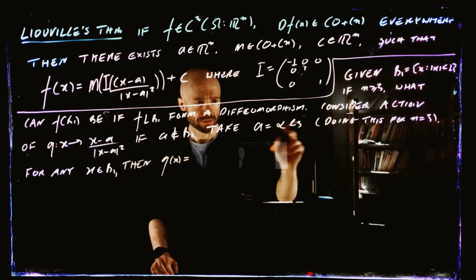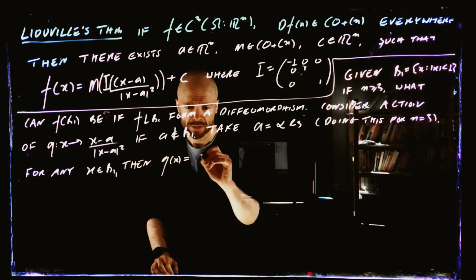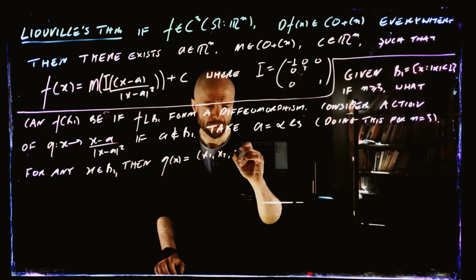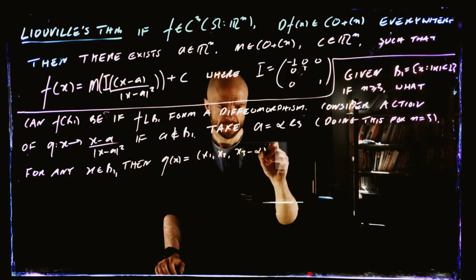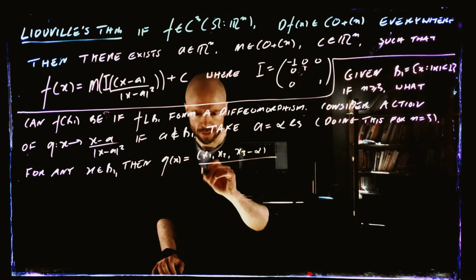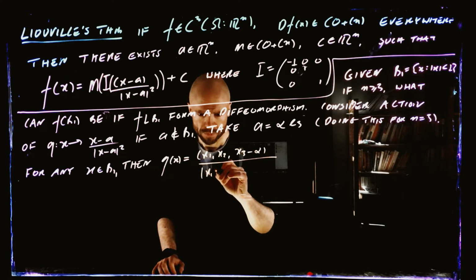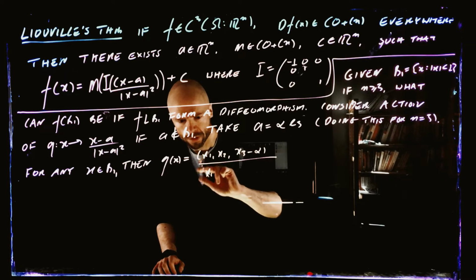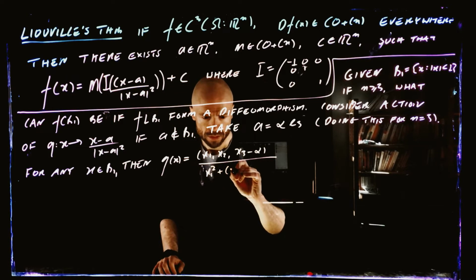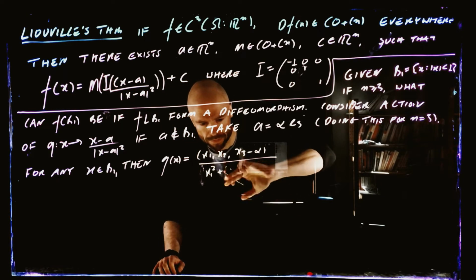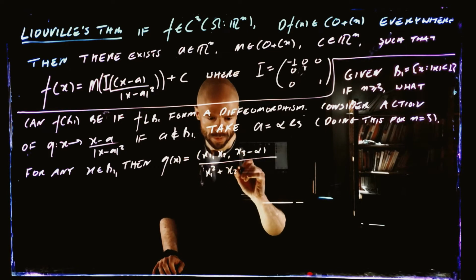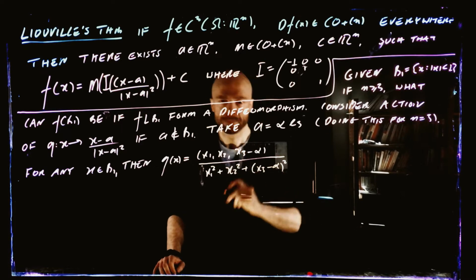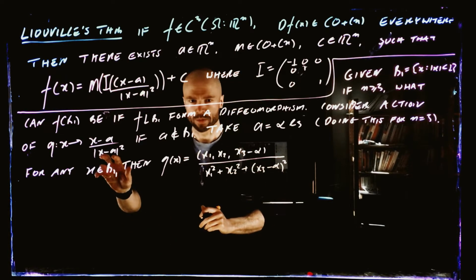With the a we've assumed, we're going to have (x1, x2, x3 minus alpha) over x1 squared plus x2 squared plus (x3 minus alpha) squared. Just putting this directly into this.